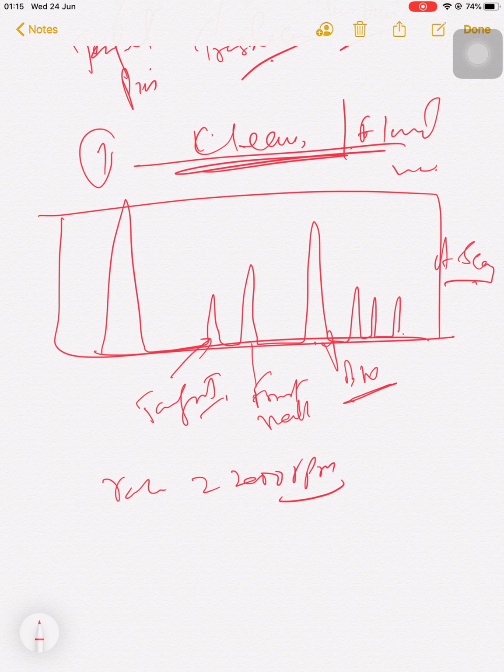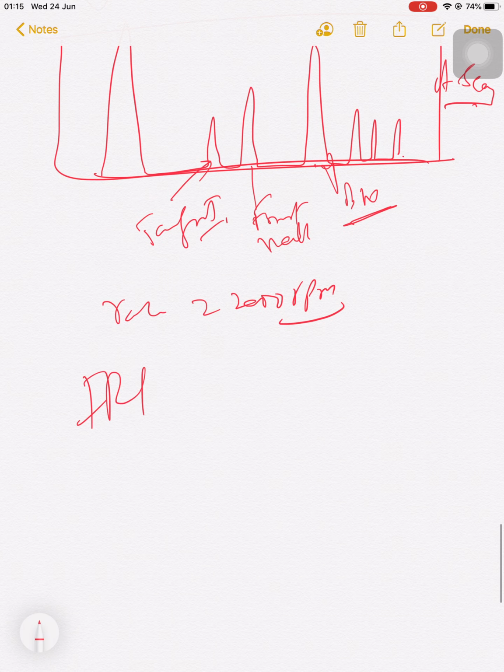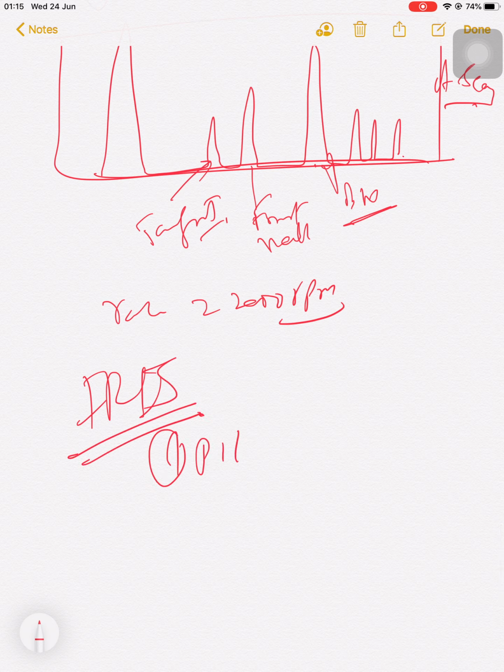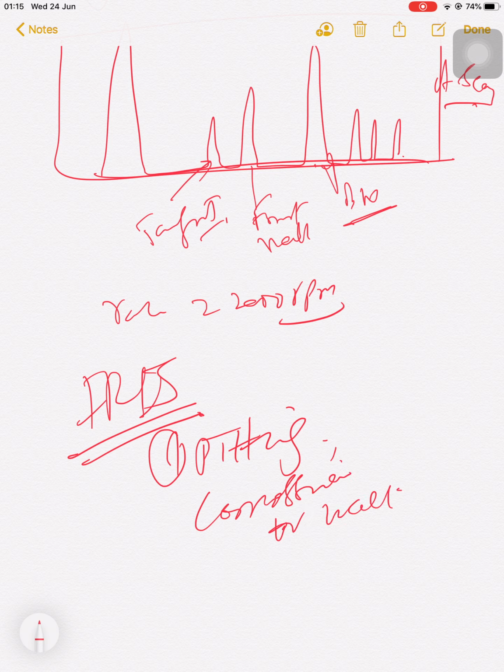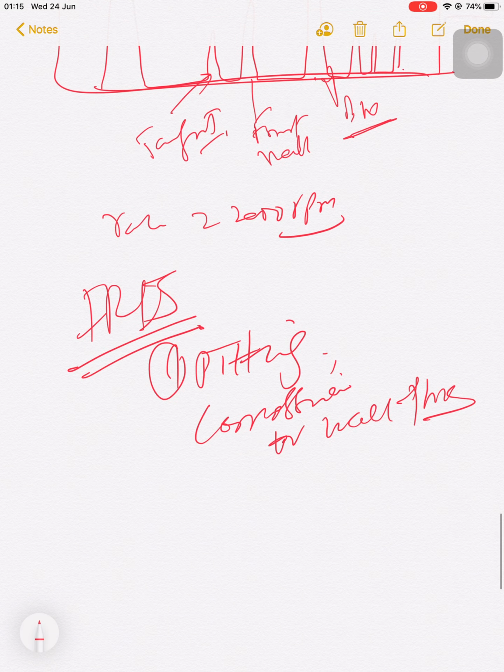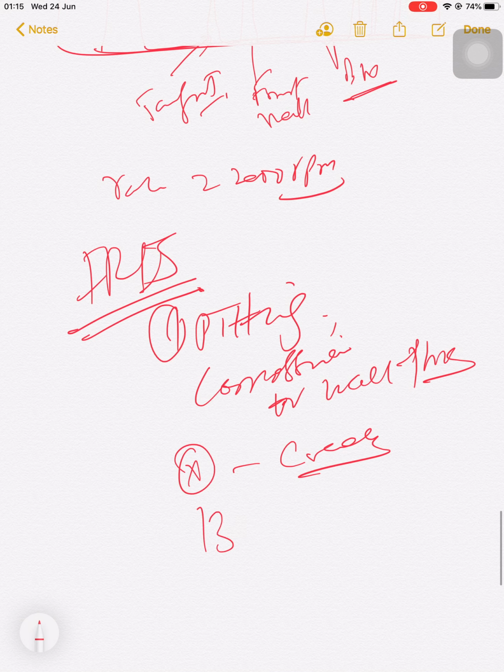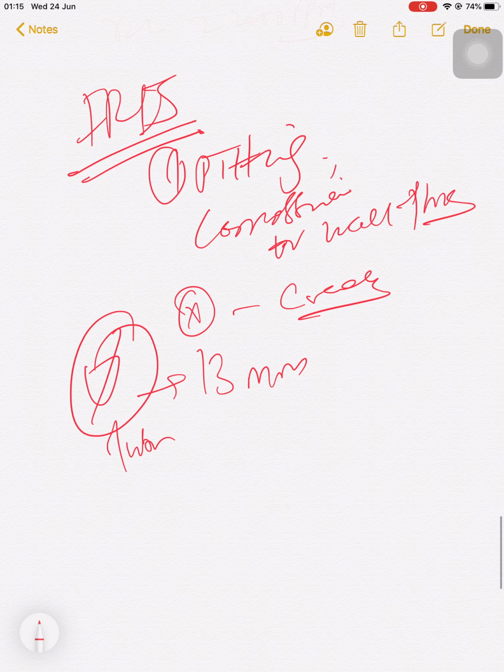Some facts about it: it is used for detecting pitting, corrosion and wall thickness, and it is difficult to detect cracks. Cracks cannot be detected, it is not for cracks. It can be used only on tubes with a diameter of 30 mm or above.